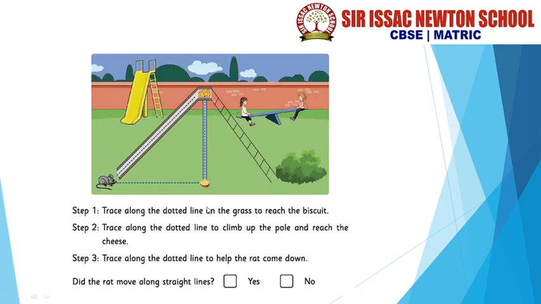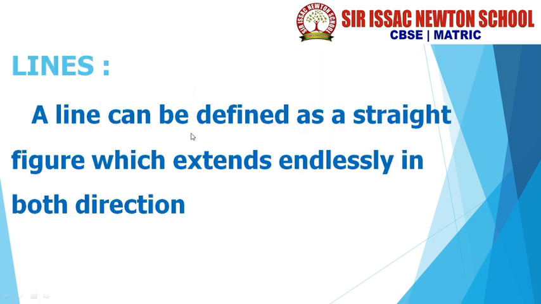We can take this biscuit from here and place it here. Then this line will get extended. That is the definition of a line. A line can be defined as a straight figure which extends endlessly in both directions.